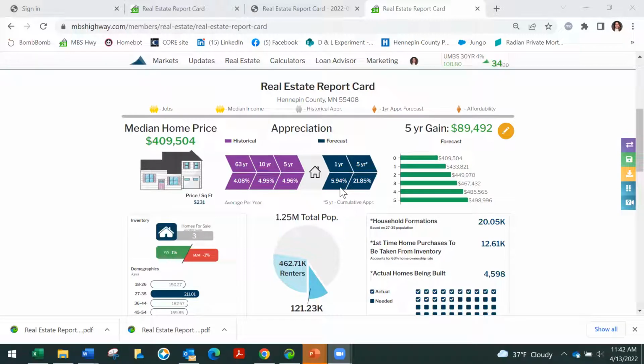Okay, let's say it's listed at 500 and let's just say they've got to offer 550 to get it. Does that sound legit? Yep. Cool. All right, so at 500, we think it's listed at 500. We assume that's kind of the fair market value, right? So if I assume 500 and 5.94% appreciation, that gives me a value in a year of about 529,700.